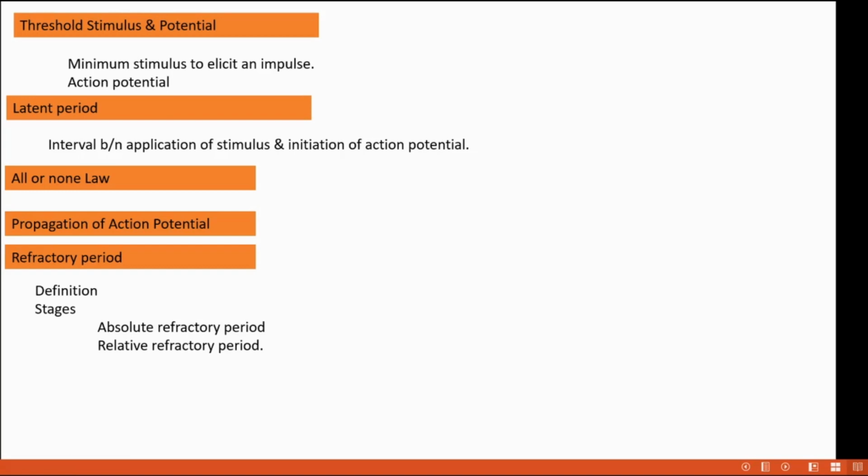Some possibility is there to elicit an action potential when the nerve is in the relative refractory period. If it is in the absolute refractory period, there is no chance of eliciting a second impulse.